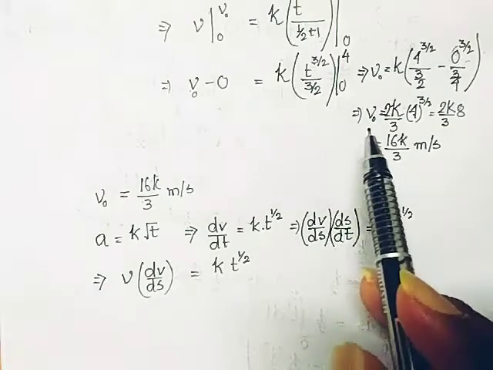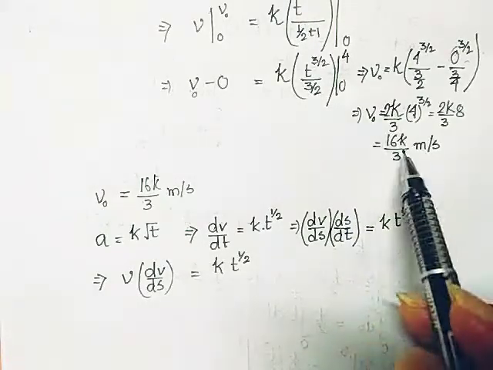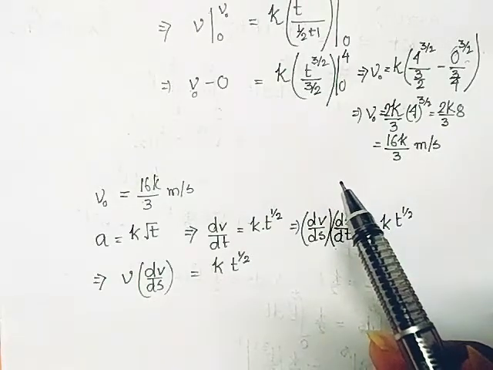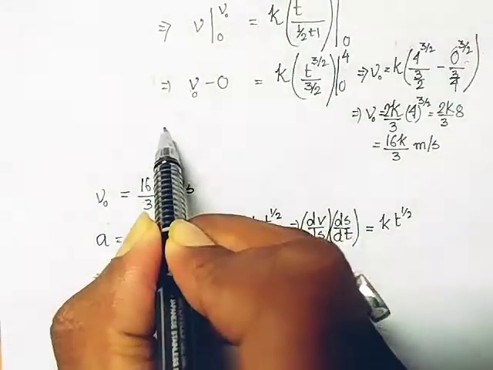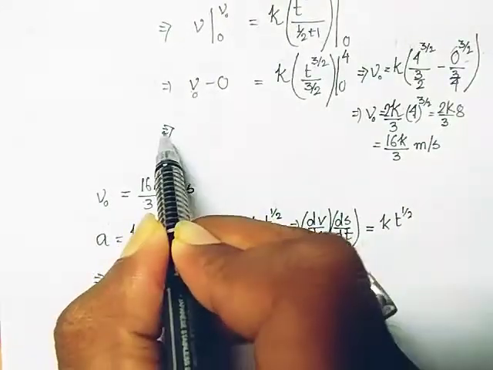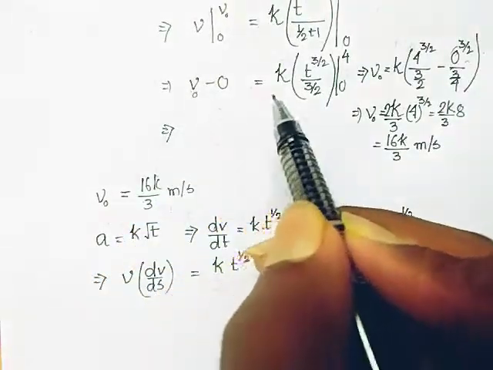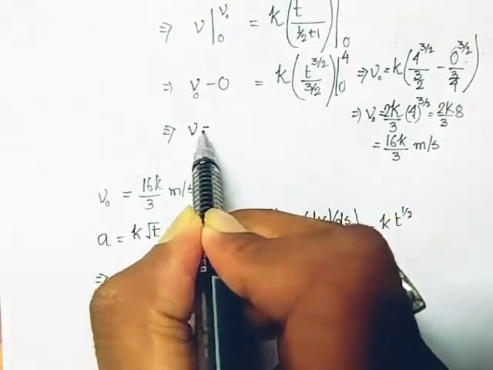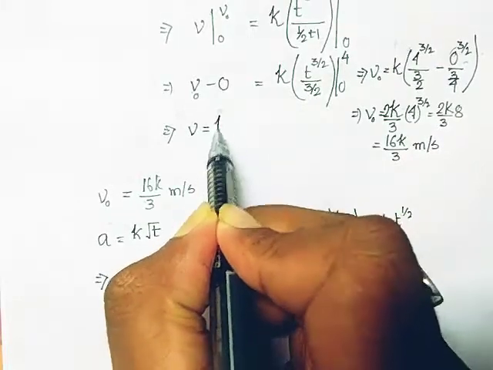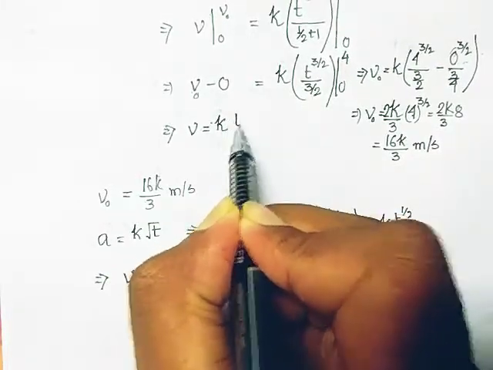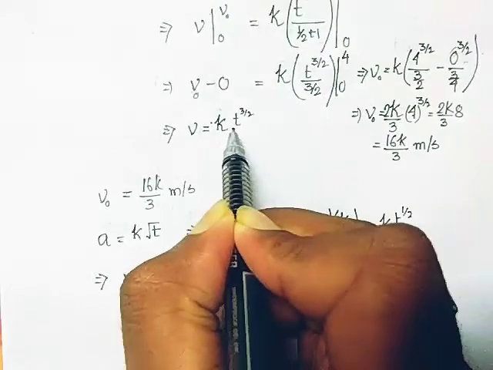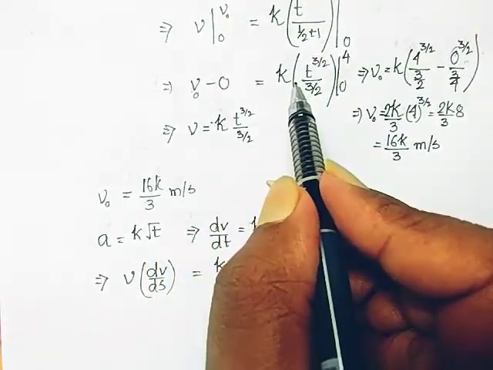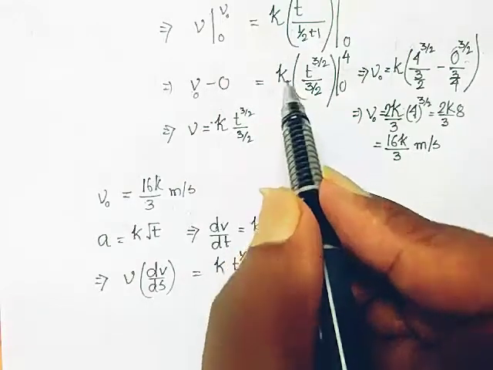So how will we find out this thing? What is the expression of velocity? If I want to find out the expression of velocity, it is derived from here: v is k t to the power 3 by 2 divided by 3 by 2, if I have not put in the limits.